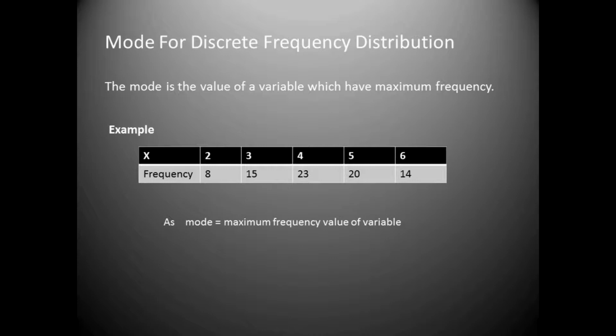As mode is equal to the value of the variable with maximum frequency, you can see that maximum frequency is equal to 23. So the mode of this particular example is 4. Hope you guys are understanding the point we are discussing: if we have a discrete frequency distribution, then the value of the variable which has the corresponding maximum frequency is the mode of our data.